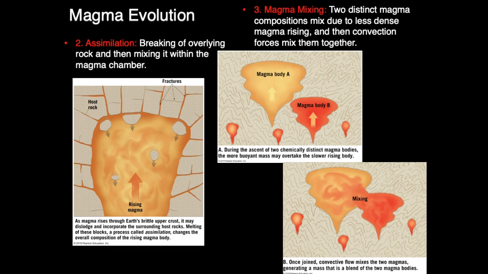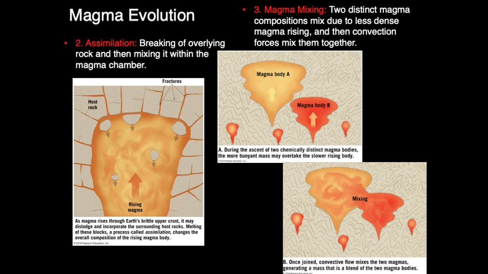Another way of incorporating other types of materials is to get magma differentiation through magma mixing. This may occur during the ascent of two chemically distinct magma bodies, as the more buoyant one overtakes the more slowly rising body, as you're seeing there in the picture on the right. Once those two bodies join, a convective flow mixes both of those two magma types, and a new magma of more intermediate composition forms.